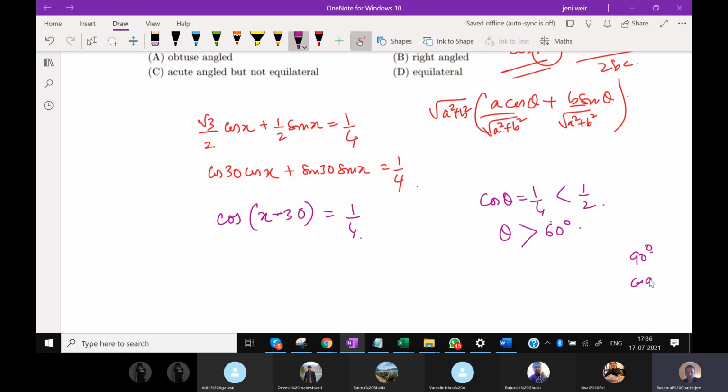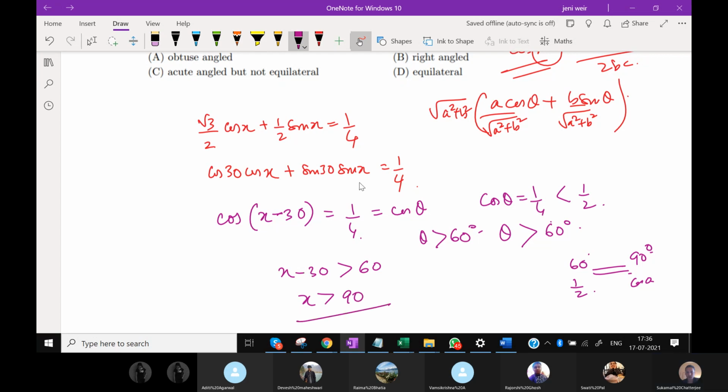At 90, cos is 0. At 60, cos is 1 by 2. So cos theta equal to 1 by 4 means theta is lying between 60 and 90. Correct? Where theta is greater than 60, that means x minus 30 is greater than 60. So x is greater than 90. So therefore, it would be an obtuse angle triangle. Clear?